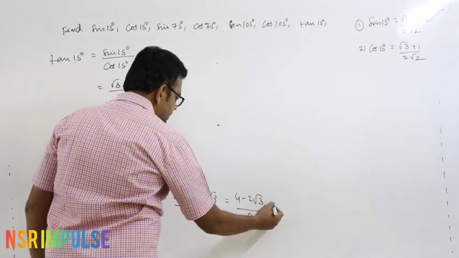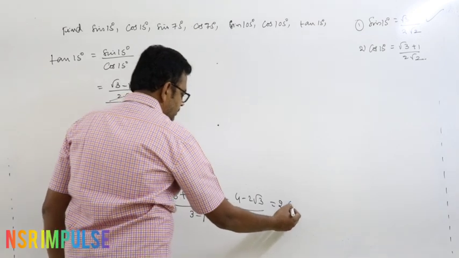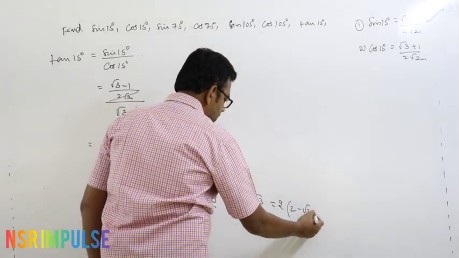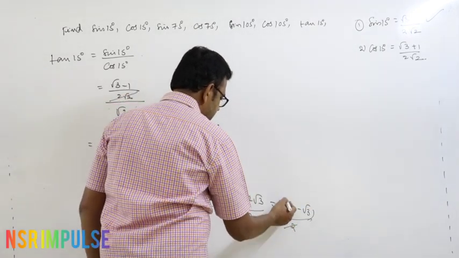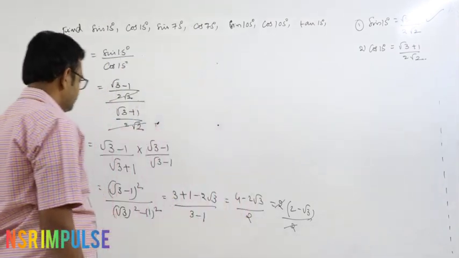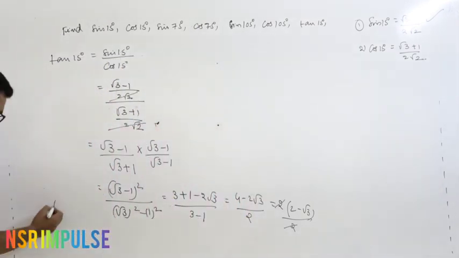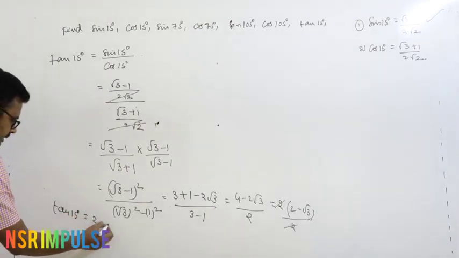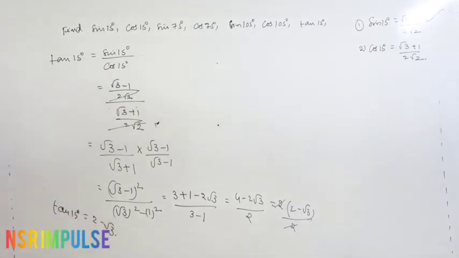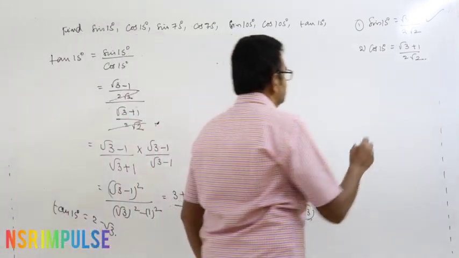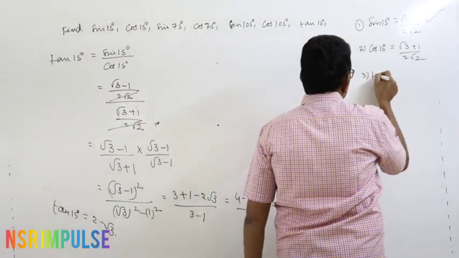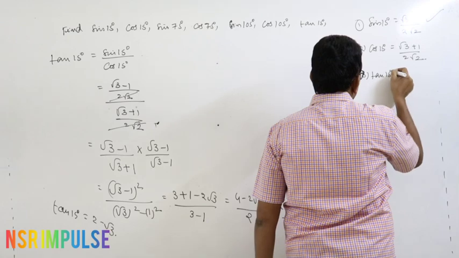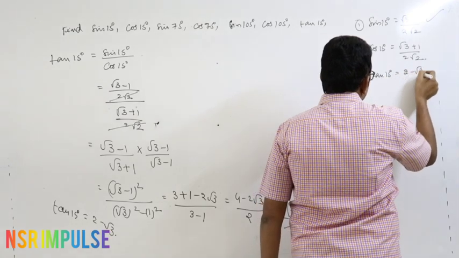Taking 2 common, 2 minus root 3 by 2. So these get cancelled. Therefore tan 15 degrees equals 2 minus root 3.